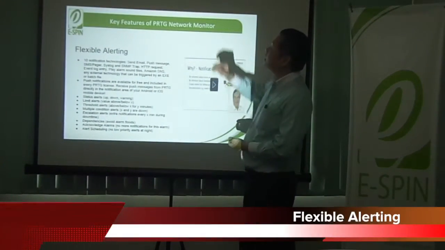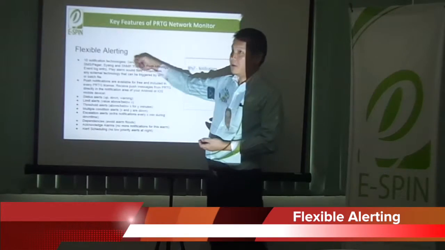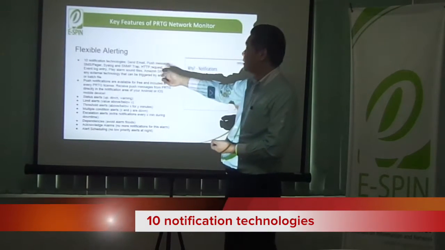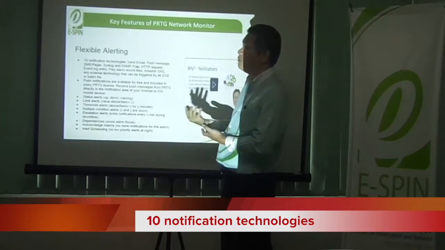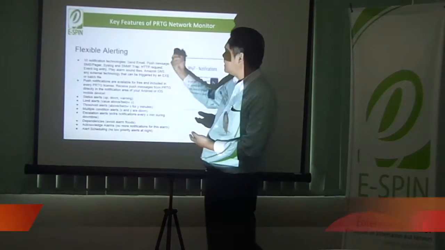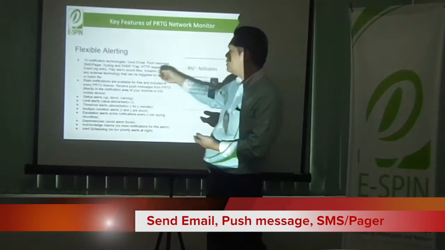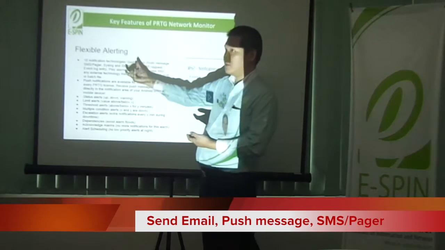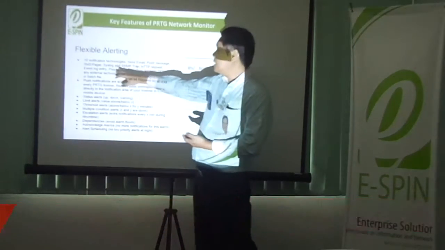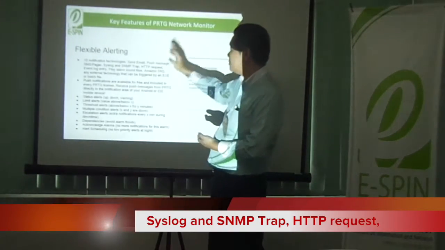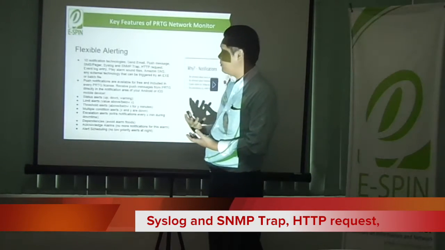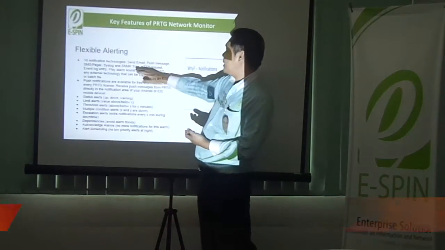Key features, flexible alerting, or we call it alarm notification. There are 10 types of notification technology. You can see which one meets your cases. Send an email, push message, SMS pages. Of course, you need to have access to SMS or the SMS module. Syslog and SNMP traps to forward the alert into a consolidated event log management system or SIEM.